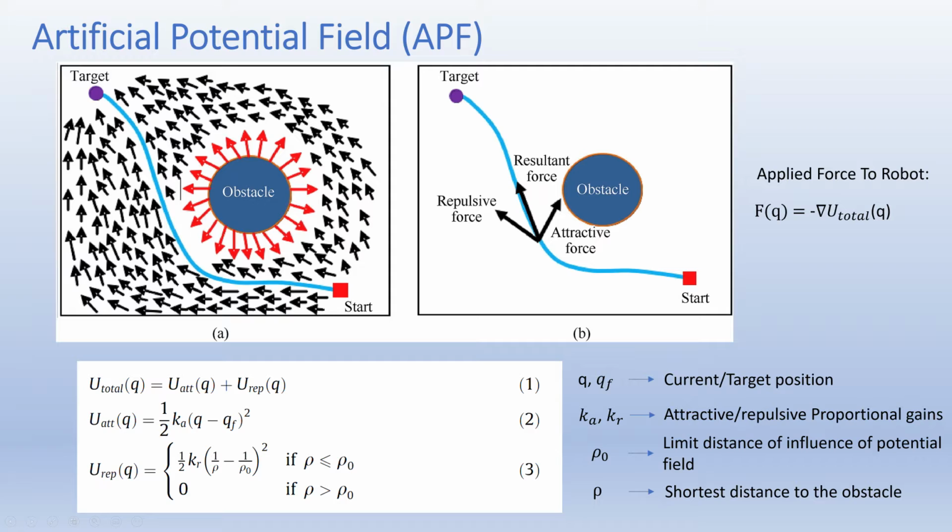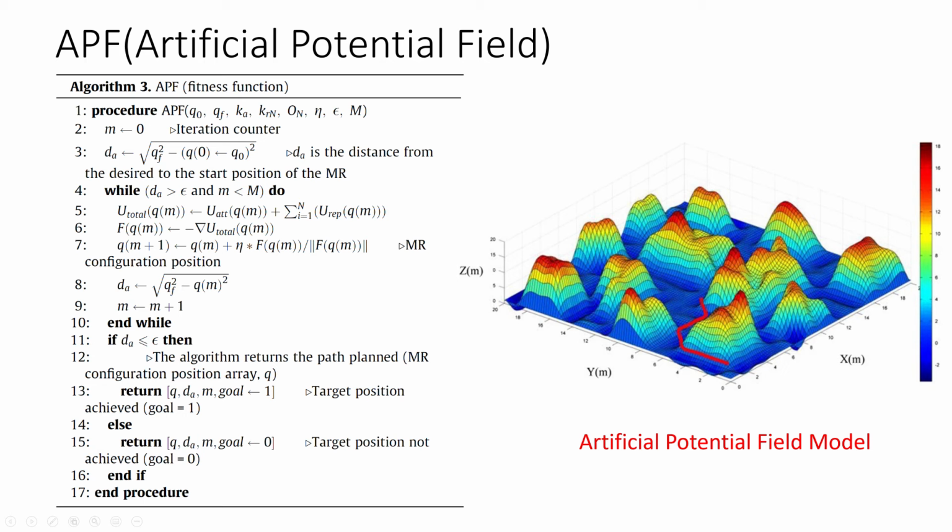After we have defined all these potential representations, we can apply the force to the robot, and the force is defined as the derivative of U total. And here are some pictures that you can take a look at for understanding this part.